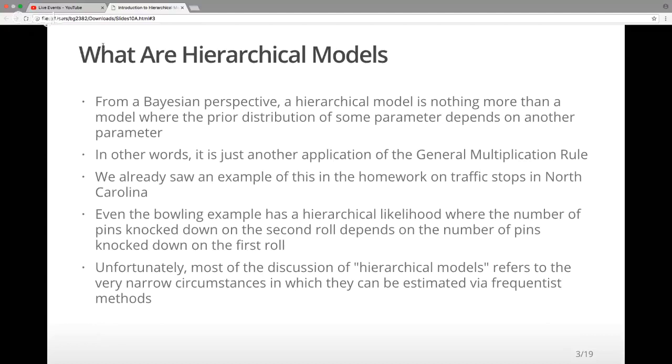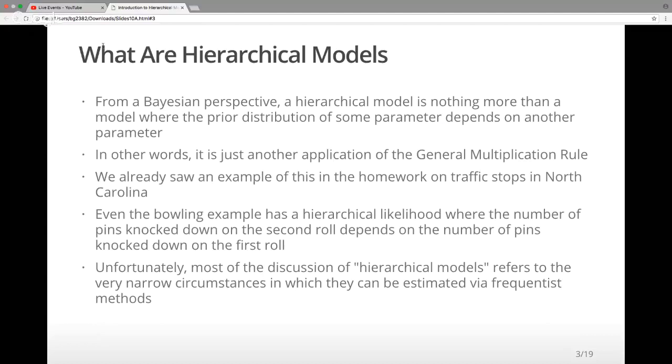And we already have seen an example of this, actually several of them over the course of the semester, even if we didn't explicitly talk about them as being hierarchical models as such at the time. But the paper homework assignment we did on traffic stops in North Carolina was an example of a hierarchical prior, or a hierarchical data generating process. There were police department parameters for particular police departments that depended on the overall North Carolina level parameters.